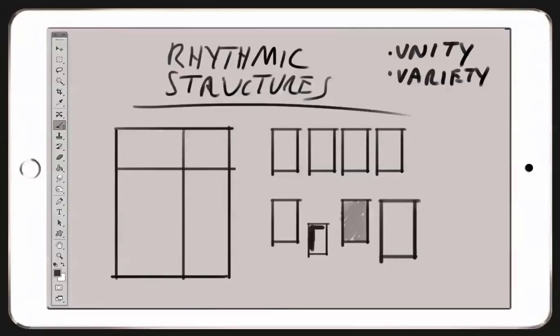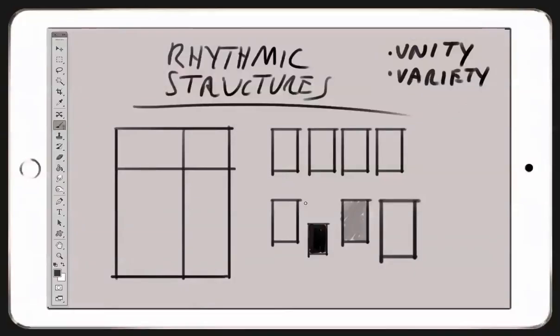And I could even add a really dark value here like that to give me even more variety. So when I repeat a shape like this rectangle, and then I change it in various ways, such as this example shows, I then achieve both unity and variety.